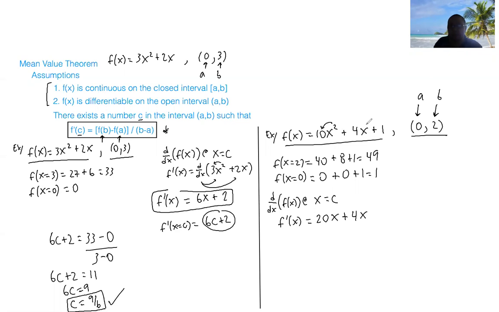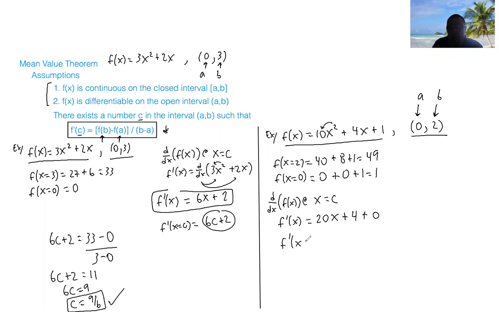So x to the 0 is just 1, and 1 times 4 is just 4. So I'm going to remove this x. This is just 4. Plus the derivative of 1. 1 is a constant. The derivative of a constant is 0. Okay? That's just 0.